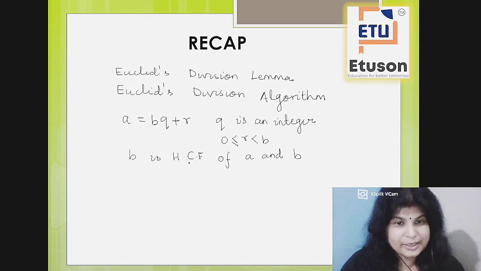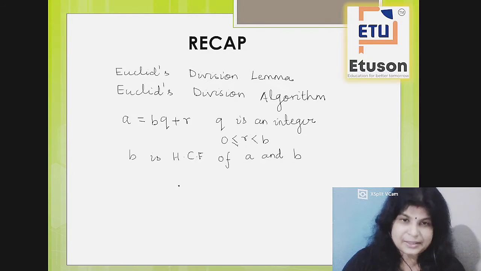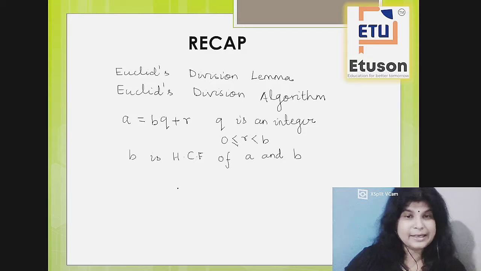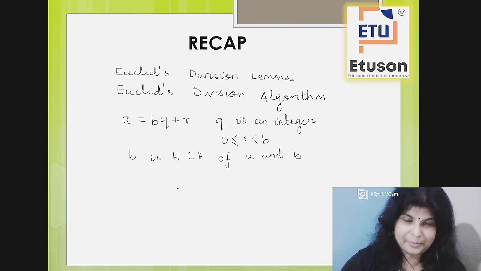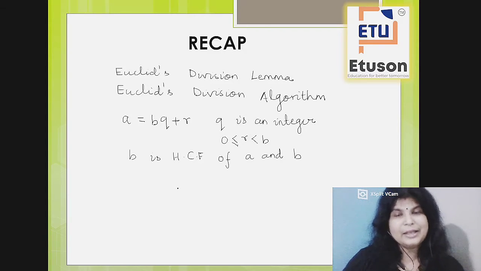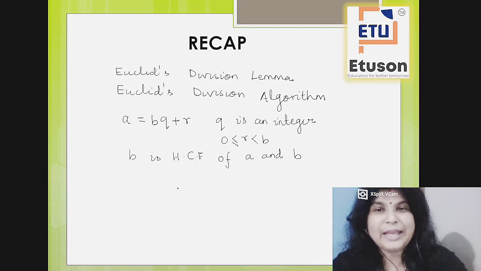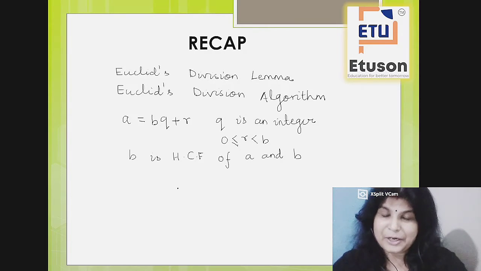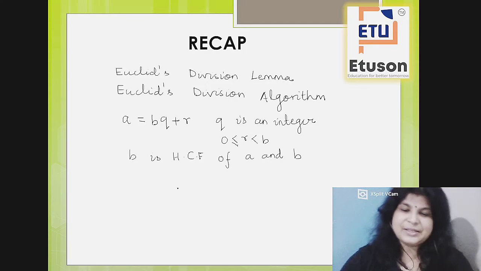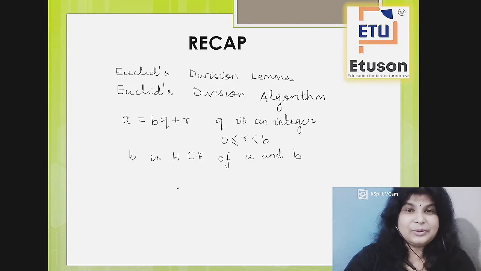We have already discussed some of the problems in the previous class. Today first we will discuss some typical problems related to Euclid's division lemma and algorithm. Then we will solve the exercise problems that are part of your NCERT book. Correct. So let us go to the typical problem which is mostly asked in the exam.